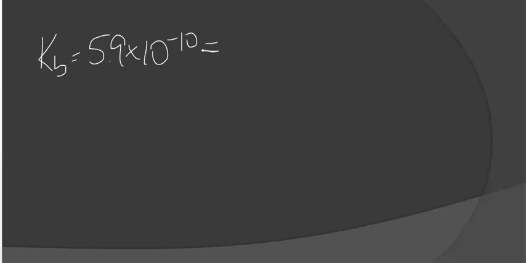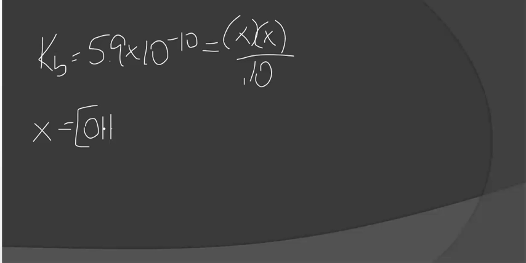Kb, which is equal to the 5.9 times 10 to the negative 10th, is equal to products, x times x over reactant, which is 0.1 minus x, but I can use the shortcut. So x is the concentration of hydroxide from the equation, and the concentration of hydroxide comes out to be 7.7 times 10 to the negative 6th molar.